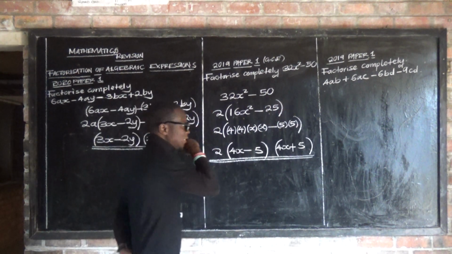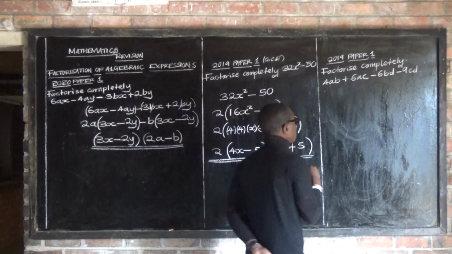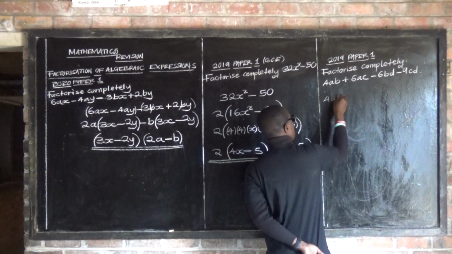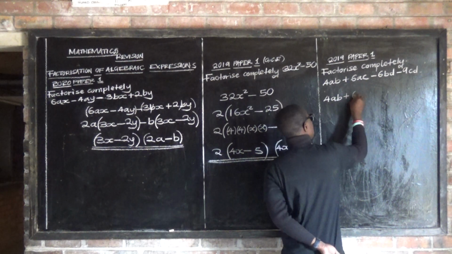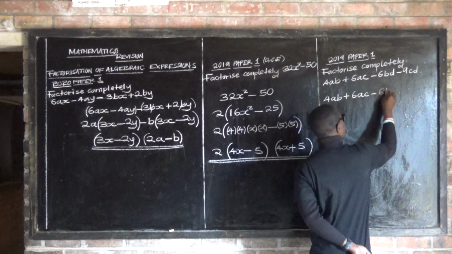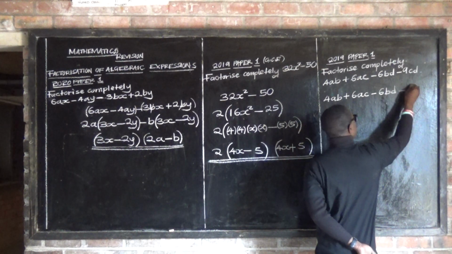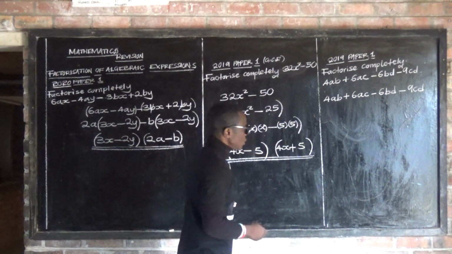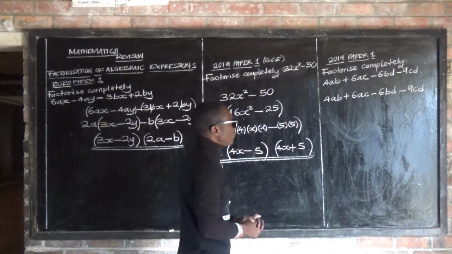Then we can look at 2019 paper 1, which is a school certificate. We're going to factorize 4ab plus 6ac minus 6bd minus 9cd. So first we are going to identify the common factor.